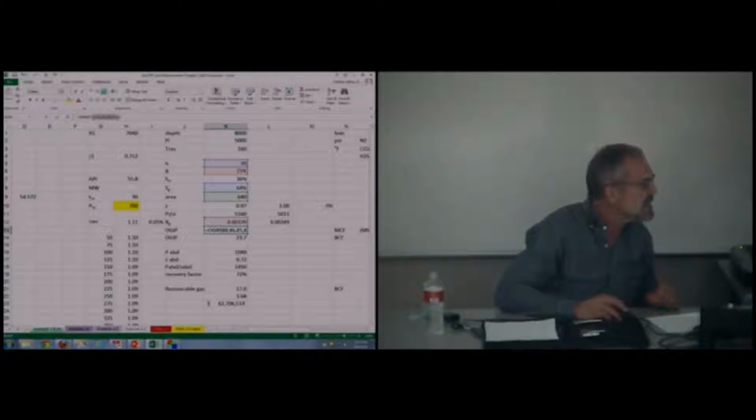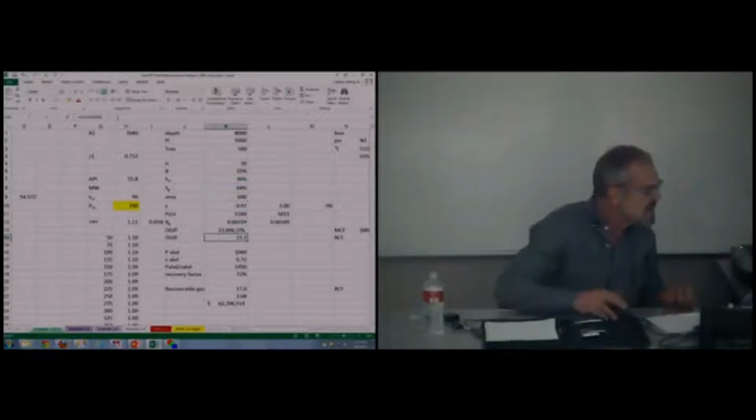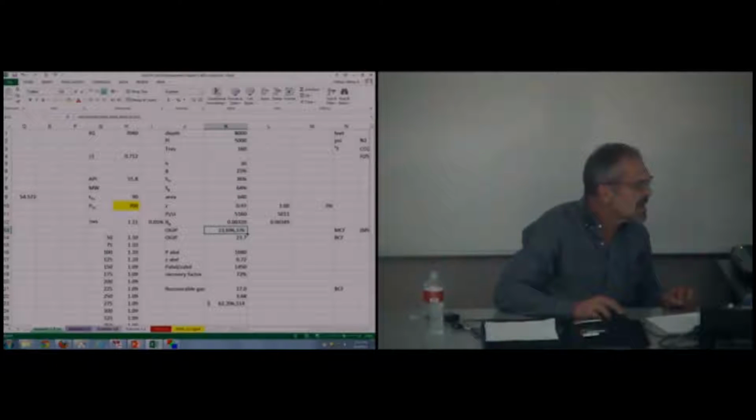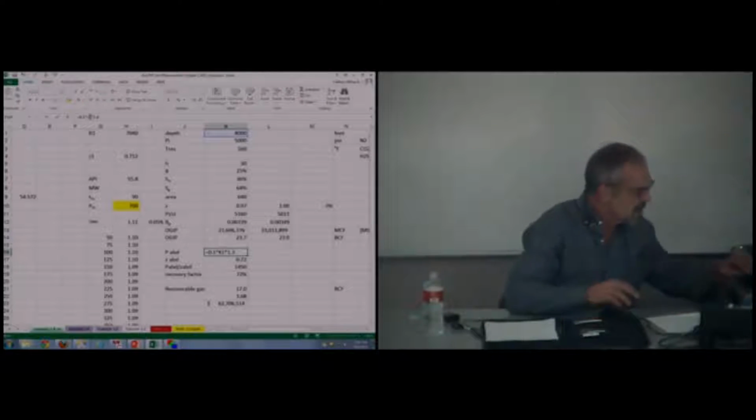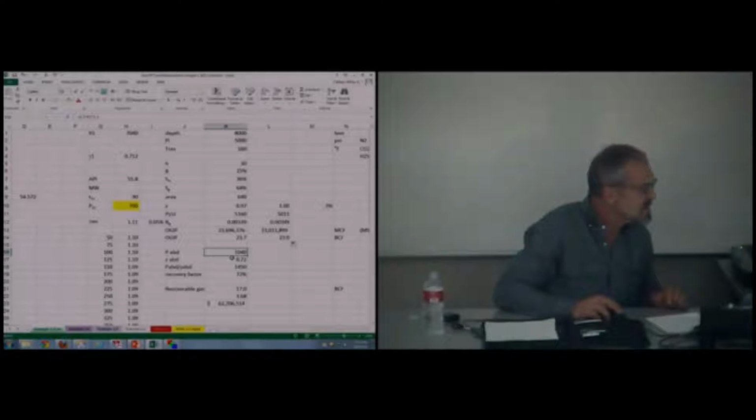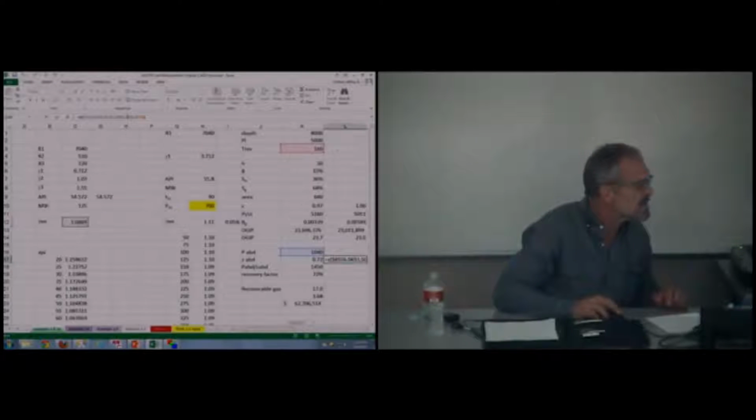Gas in place is going to be a function of BG. So instead of using the right BG, I'm going to use the wrong BG. This is just a scalar. This is the one I need to switch over here and grab the wrong gas gravity.